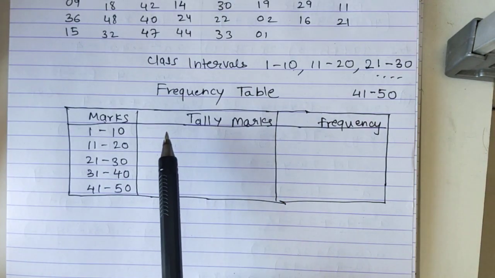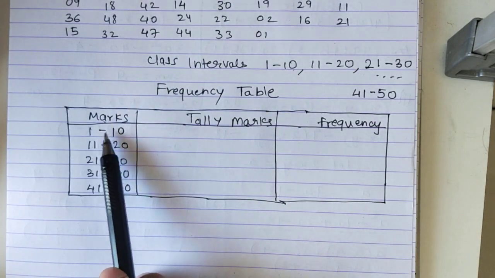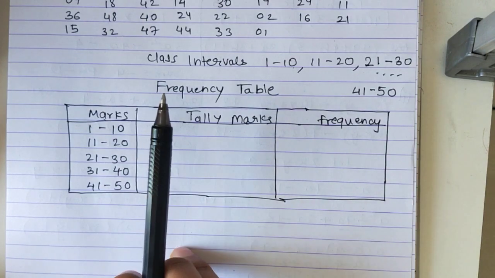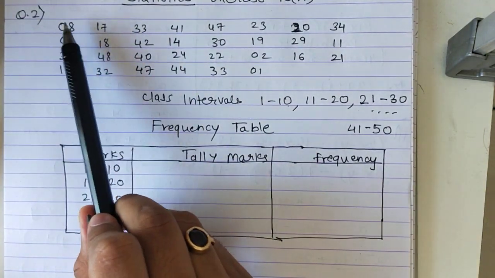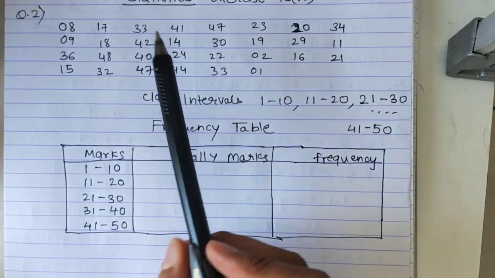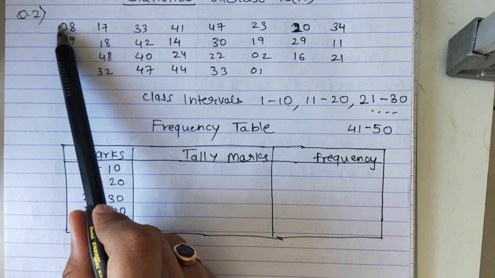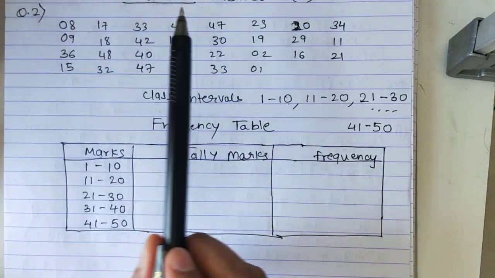Now what will we do? We'll see how many students have scored between 1 to 10, from the given data. Let's start. See, we'll check like this. You can check like this also, whatever suits you. So the first student, yes, he has scored less than 10. His marks are between 1 to 10.